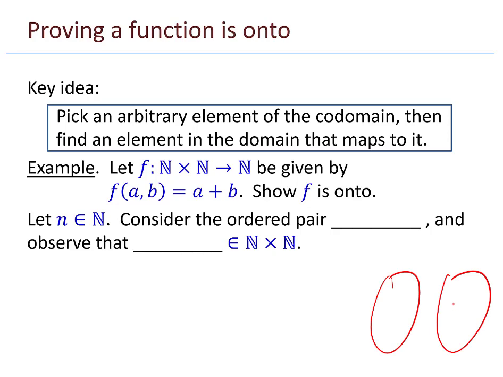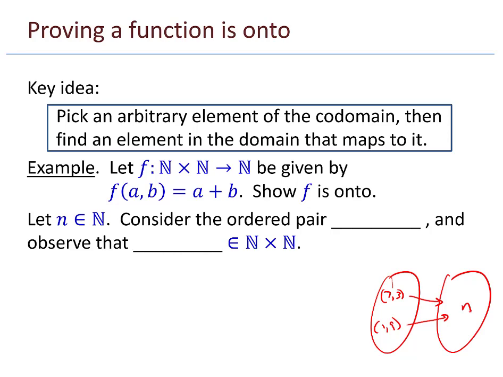If I pick the number 10 in my codomain, I have (7, 3) that maps to 10, and I have (1, 9) that maps to 10. There's lots of things that map to 10. So what should I choose? And to make matters worse, I'm not just picking a number like 10, I'm picking a number n, which truly is an arbitrary element in my codomain.